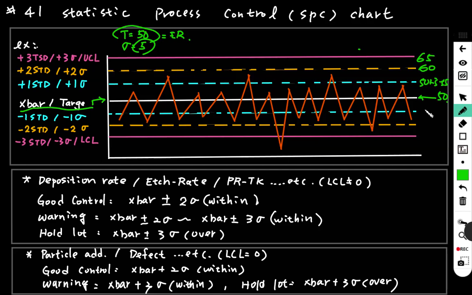Minus 1 sigma is 45, minus 2 sigma is 40, and minus 3 sigma is 35.